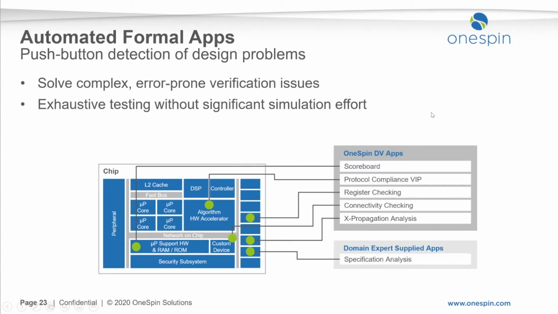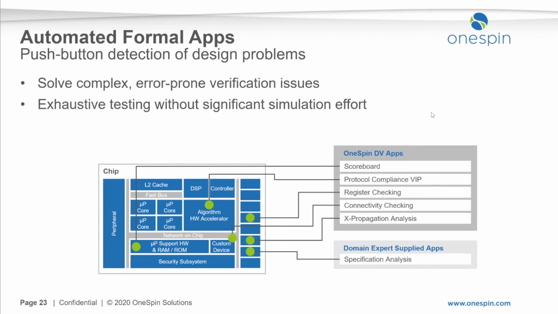So let's start with formal apps. What we do with apps is that we take tasks that are very repeatable and highly automated, and we package this for you so that it's user-friendly and very easy for you to apply to your designs.